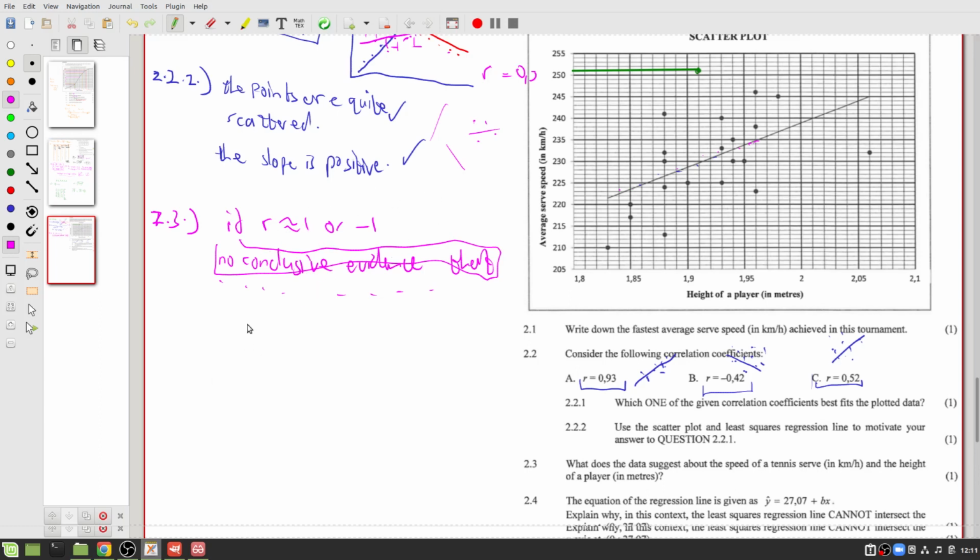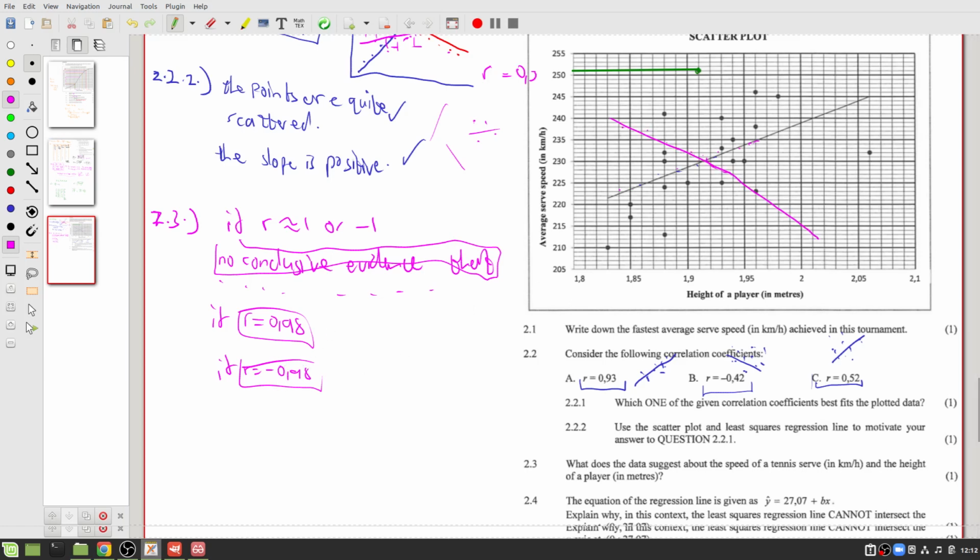Let's say R was 0.98. Then we would say the taller the player, the faster the average speed. What if R was -0.98? Then we would say the taller the player, the slower the average speed, because it would be a negative correlation.